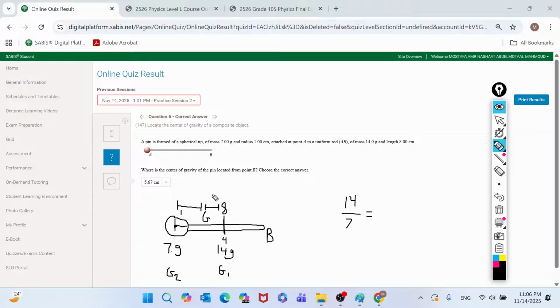Guys, we'll call this distance x, okay? And the total from G1 to G2 is 5.